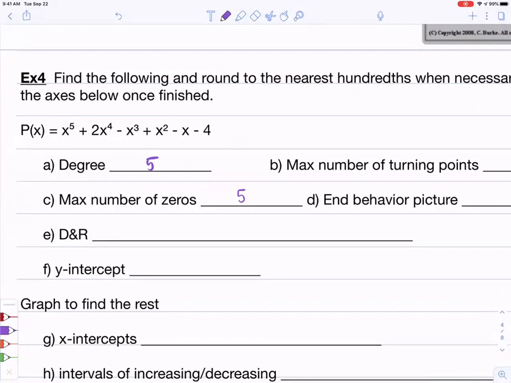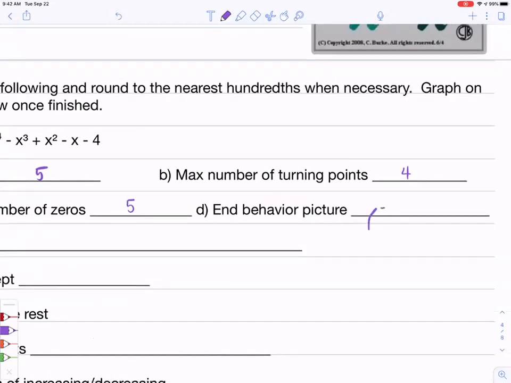It's got to be one of those 2. And then what's my leading coefficient? It's positive. Okay, so do I want the one up, one down that's an overall downhill, or do I want the one up, one down that's an overall uphill? I want it to be uphill. So then my little end behavior picture would look something like this.